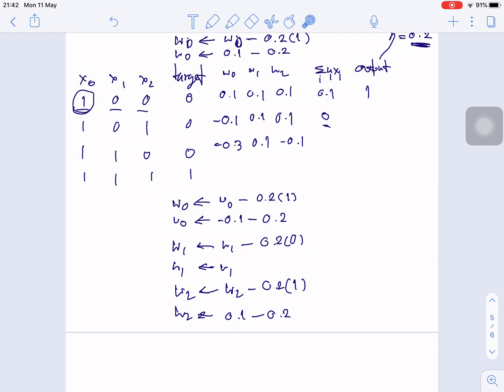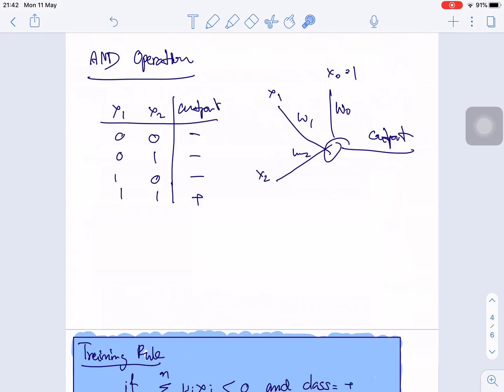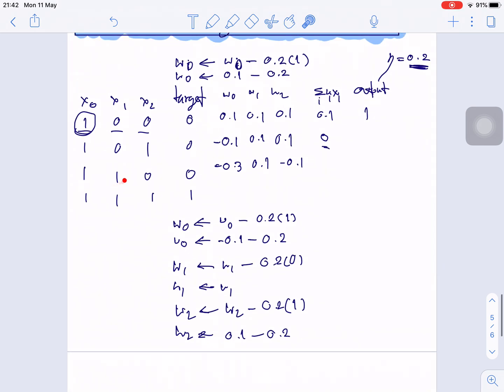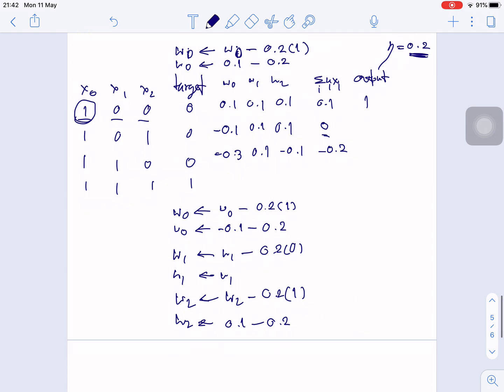And the summation in this case: minus 0.3 times 1, then 0.1 times 1, which is 0.1, and this one is 0 so we cannot count it. So in this case it is minus 0.2, that is, this output is 0.